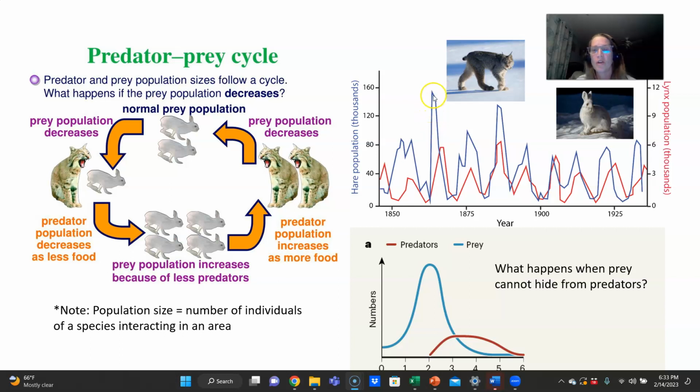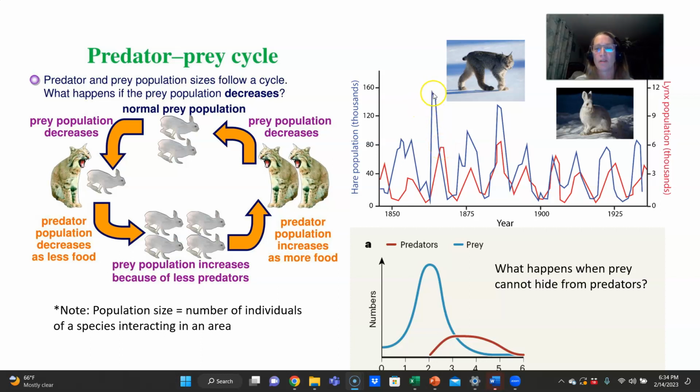As that hare population increases, that's the prey again, and there's a response from the lynx population, which are the predators. As more prey become available, then the lynx population can increase because there are more and more food resources for it. And so reproduction is really good for the lynxes, and their population numbers grow as well.